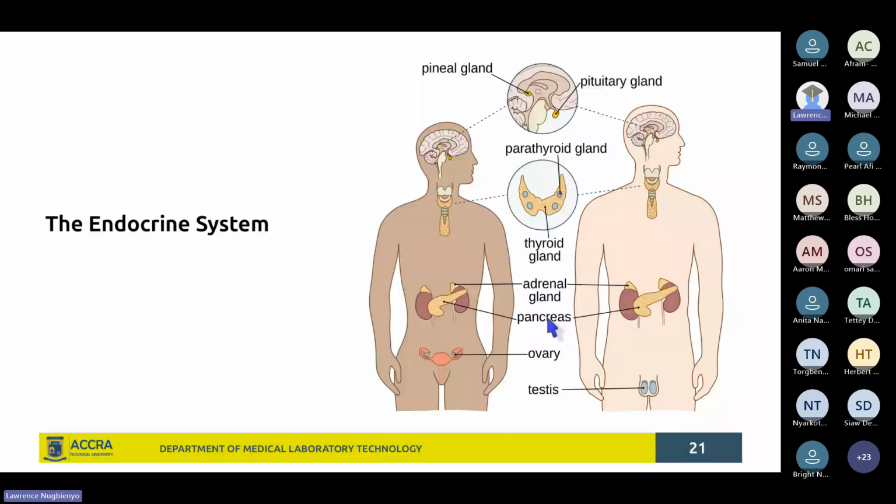You have the ovaries in females, the testes in males, responsible for the secretion of sex hormones. As the general system, the endocrine system that we'll look at when we come the next time.